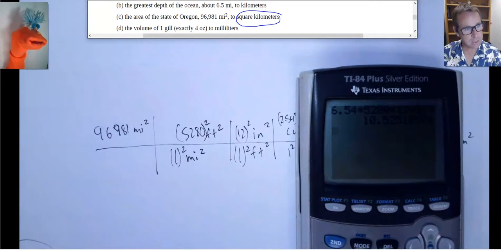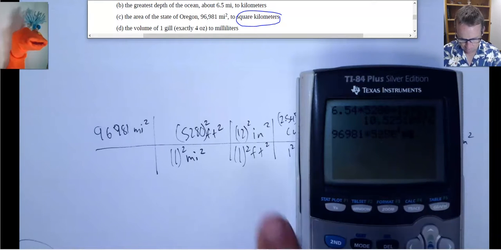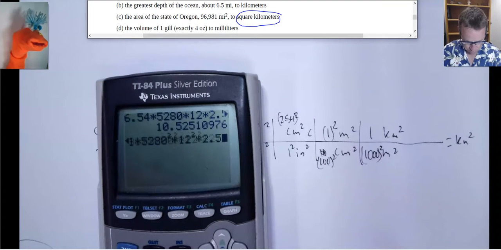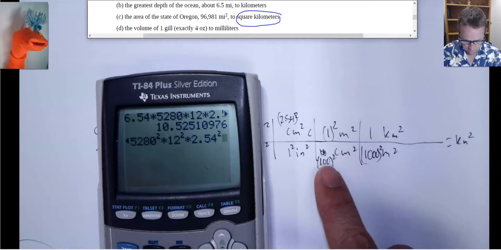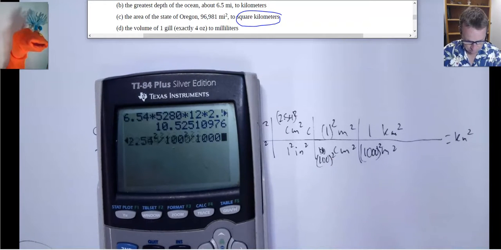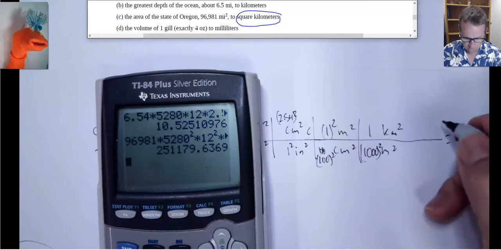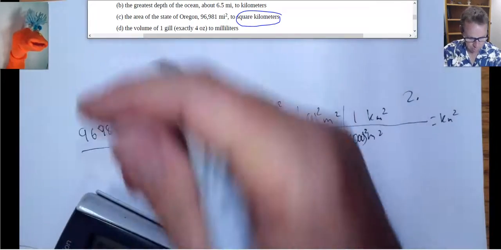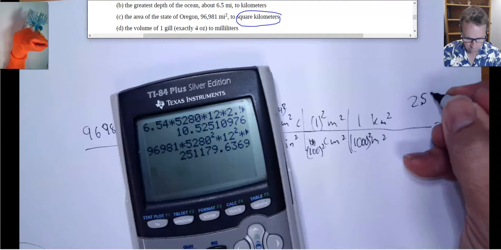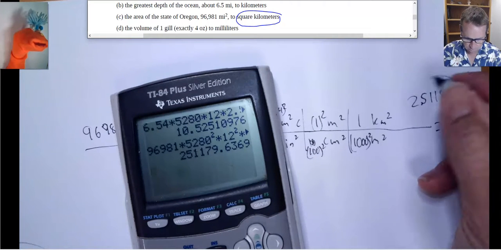So I have 96,981 times 5,280 squared times 12 squared times 2.54 squared divided by 100 squared divided by 1,000 squared. All right, so it should be how many significant figures? 5. 1, 2, 3, 4, 5. 251.18 kilometers squared.